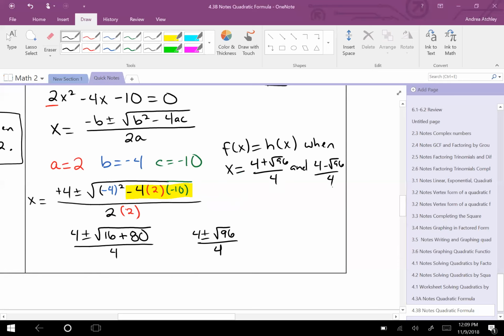I'm going to plug that in my calculator just to see what that is, because that doesn't help me out a lot.